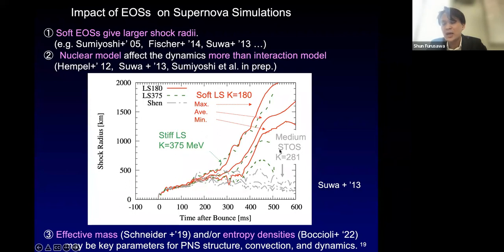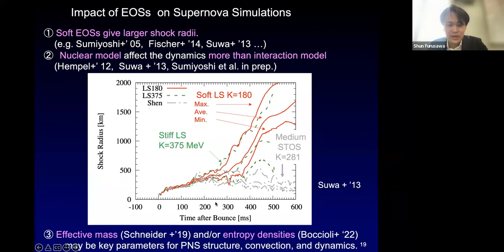The STOS EOS shows a large symmetry energy, but we didn't understand which is the key parameter. The compressibility parameter may also be important, but symmetry energy also affects stiffness, and sometimes symmetry energy affects the weak interaction rate. And there are many discussions.